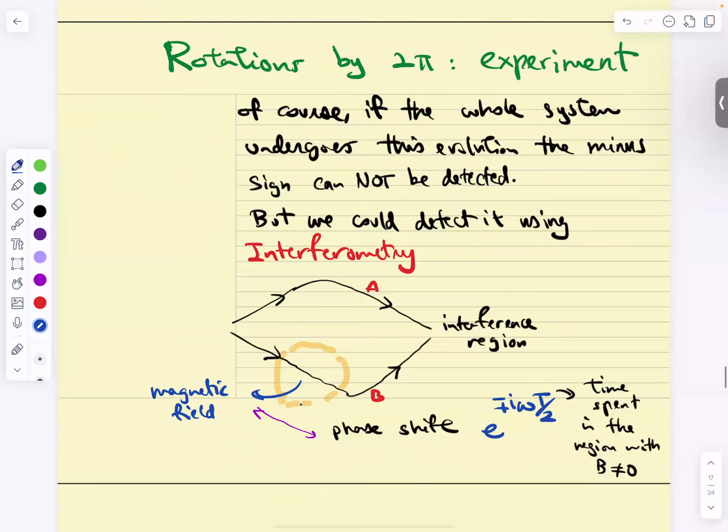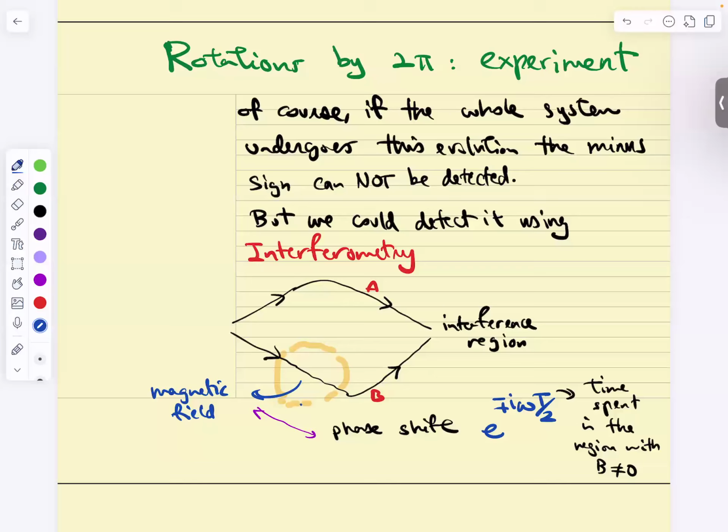So how do we measure this? The main principle is interferometry. This is the good old double slit experiment. All the experiments that we have, all the things we talk about, are either string or double slit. So you take two beams. I think the experiment is done with neutrons, but it doesn't really matter.